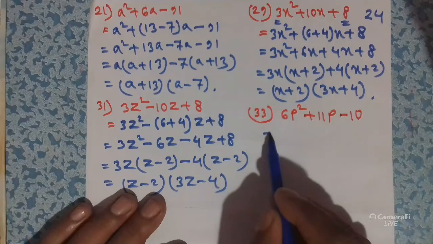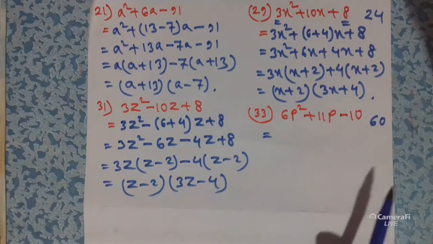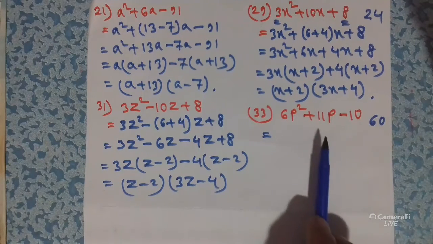So 12 multiply 5 will be 60, but 12 minus 5 is not 11 and 12 plus 5 is not 11. So how can you take 60, so that our product will be 60 and subtraction will be 11?